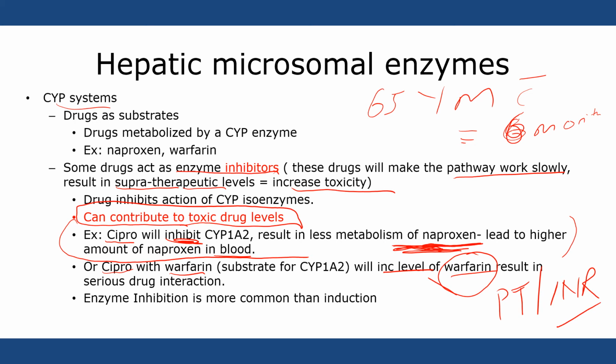But when you give Cipro, usually for 5 days, 7 days, maybe 10 days, at that time perhaps it is good practice to recheck a PT-INR more frequently, just to be on the safe side, because you really can't hold a warfarin. That wouldn't be a good thing, to hold a warfarin and put somebody at risk of clotting.